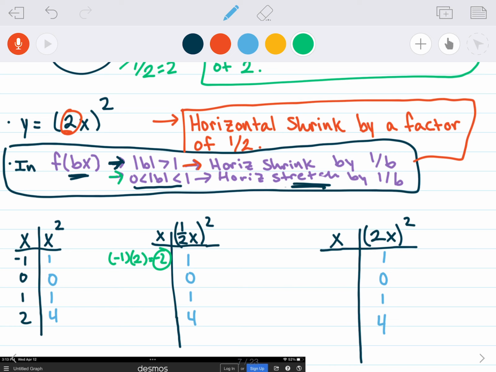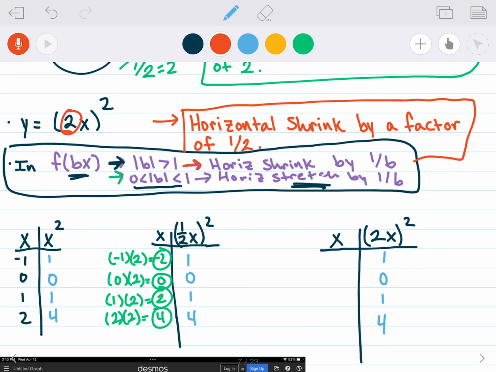All right, same thing here. We have x is 0, 0 times 2 is 0. When x is 1, 1 times 2 is 2. When x is 2, 2 times 2 is 4. So those are my new inputs.